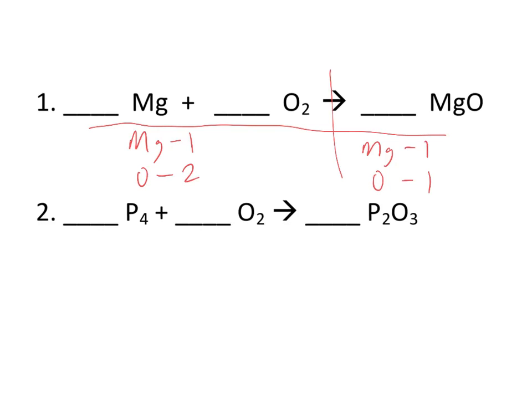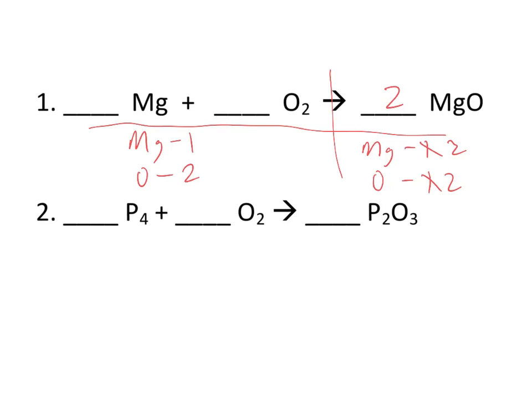Our magnesiums are equal, 1 to 1. Our oxygens are not. So in order to make our oxygens equal, I have to put a 2 in front of MgO. That way I now have 2 oxygens. But when I put that 2, I also change my magnesiums to 2 on the right side.